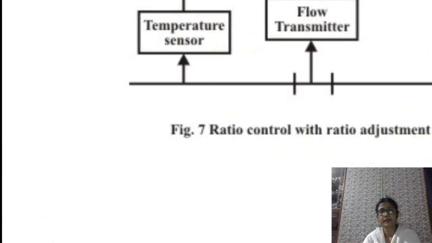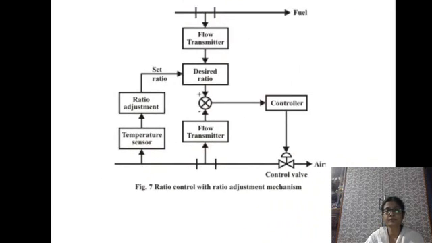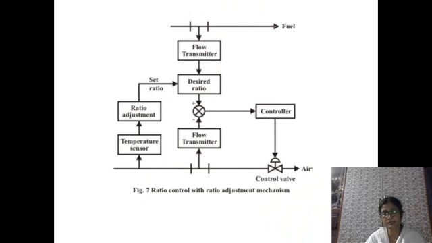This is another modified level of ratio control system, and practically this scheme is used for ratio control systems. This is a more precise system, in which the uncontrolled flow path is measured and the desired ratio is set here.